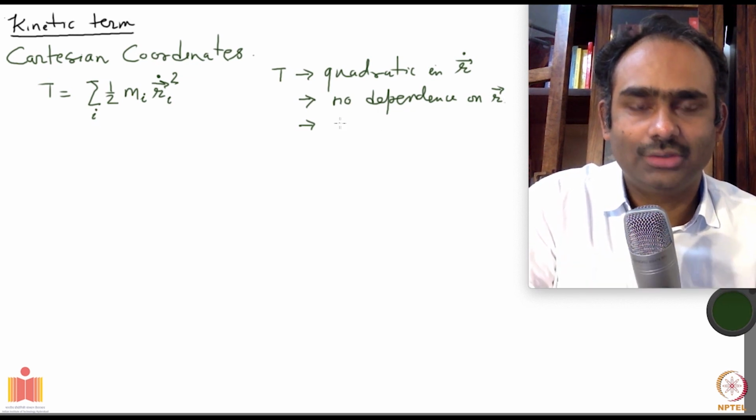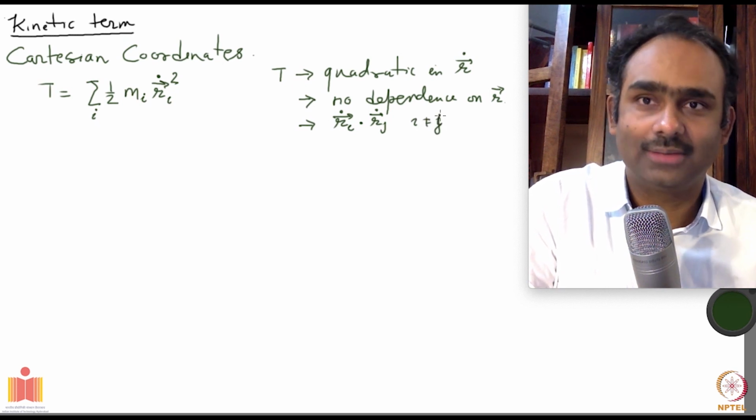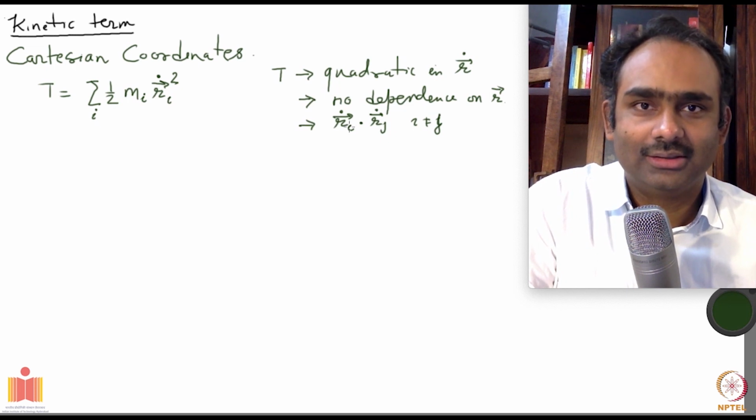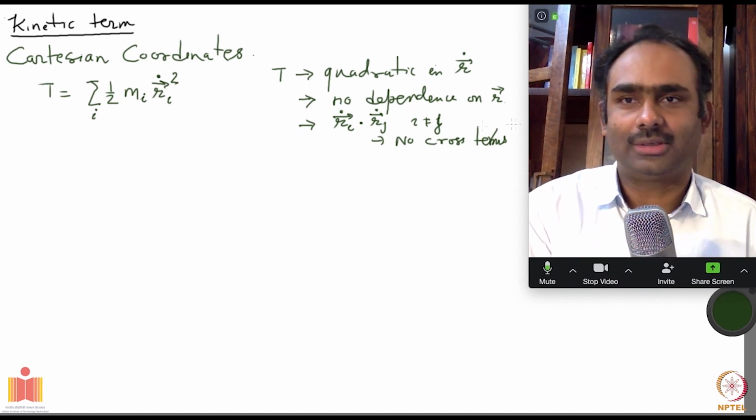And there is no r_i dot r_j dot kind of term here, where i is not equal to j. You have only the terms where i and j are equal, right? So there are no cross terms. No cross terms are present.